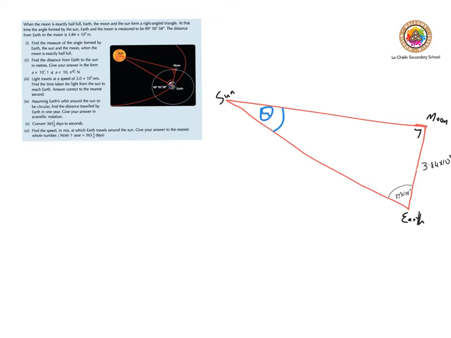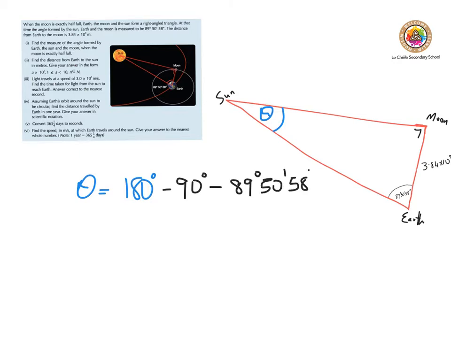And so here we say that theta is equal to 180 degrees minus the 90 degree right angle minus 89 degrees, 50 minutes and 58 seconds. And so putting that into our calculator, we get theta is equal to 0 degrees, 9 minutes, and 2 seconds.